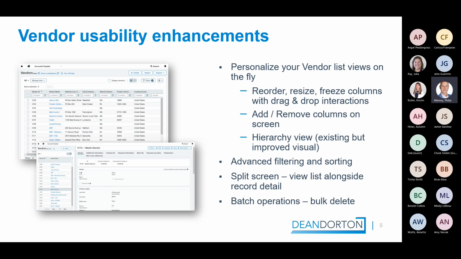And if you kind of think about it, it works a little bit like Excel from that nature. You can do some advanced filtering in the new vendor listing screen and just navigate the screen a lot easier.